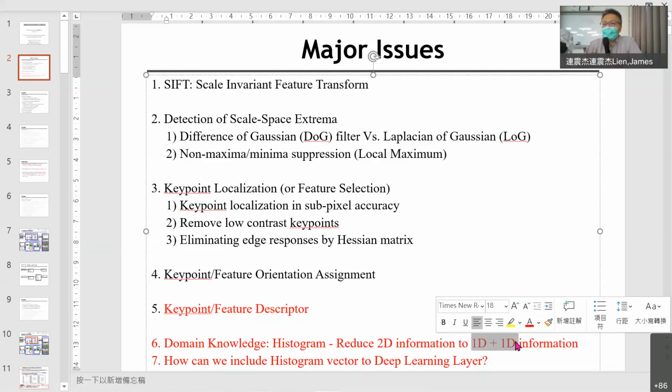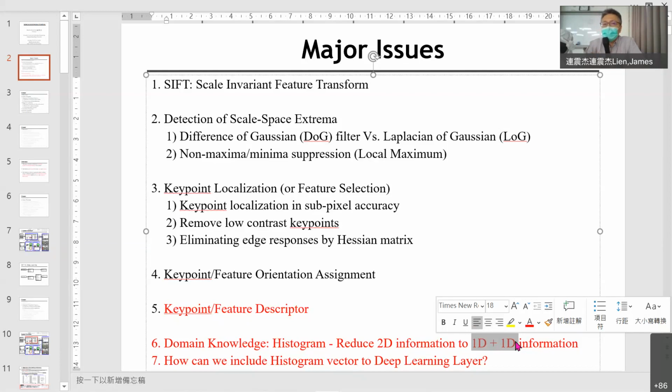So if we want to speed it up, the 1D plus 1D solution means W plus H. For example, if your image size is 100 by 100, you would process 10,000 times.